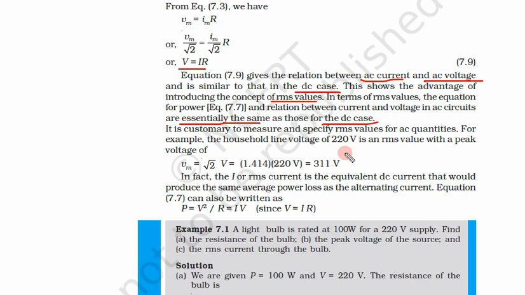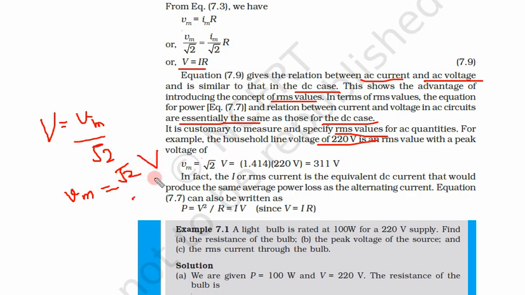Now let us see what the voltage in our country is. The standard voltage in our country is 220 volts, but again this is not peak voltage, this is the RMS value. So we know that V is equal to V max upon root 2. So maximum voltage will be root 2 times the RMS value.